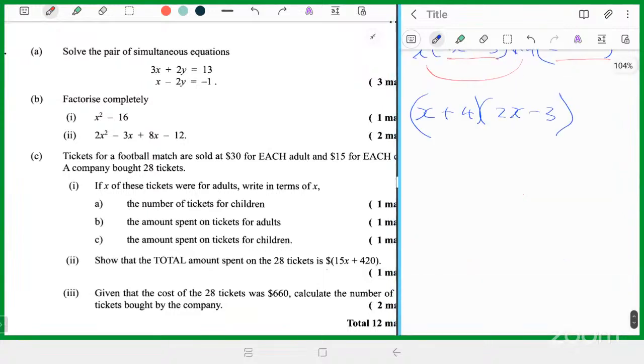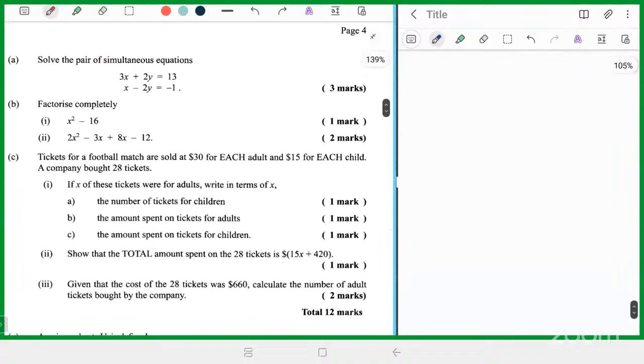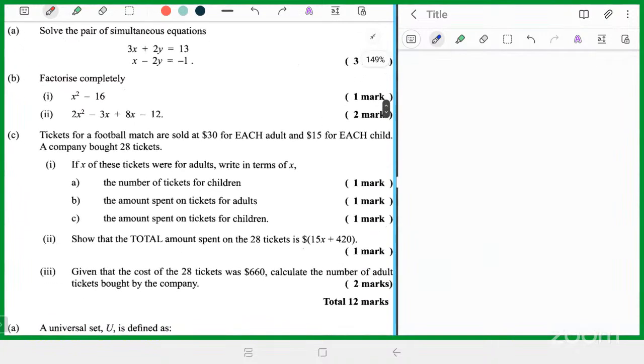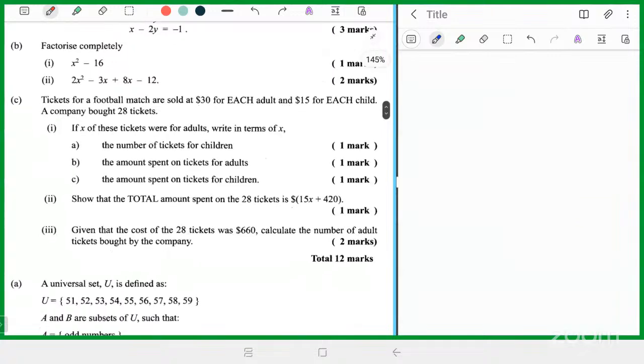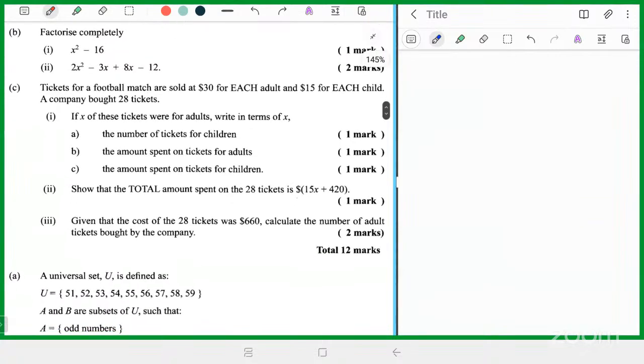Nice. Next part is just some simple arithmetic. It says tickets for a football match are sold at $30 each for adults, $15 each for children. The company bought 28 tickets in total. All right, so let's write it down.